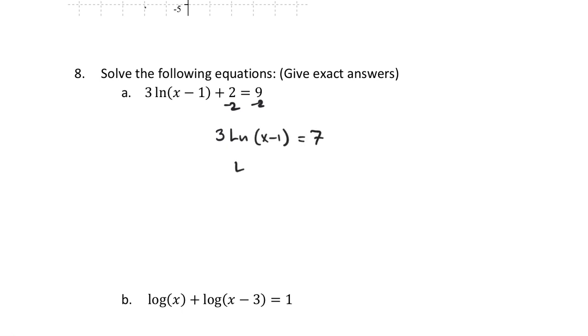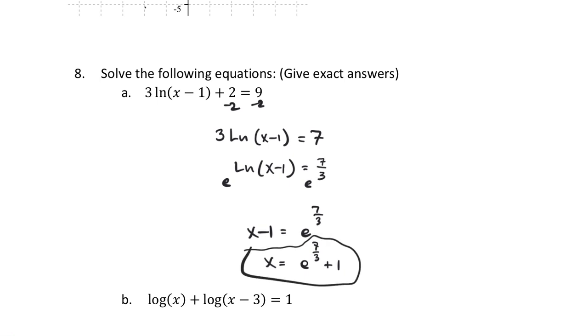Now divide by 3. Now to get rid of that natural log, we're going to use a base e on both sides. So now we have x minus 1 equals e to the 7/3, and then finally add 1, and that's the exact form of the answer.